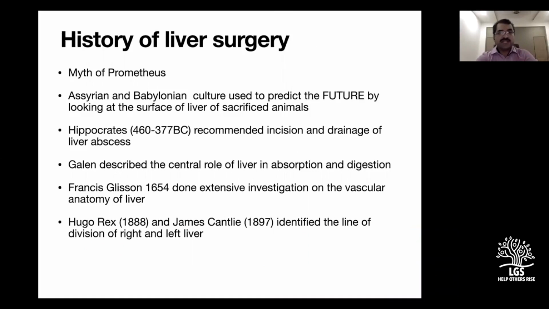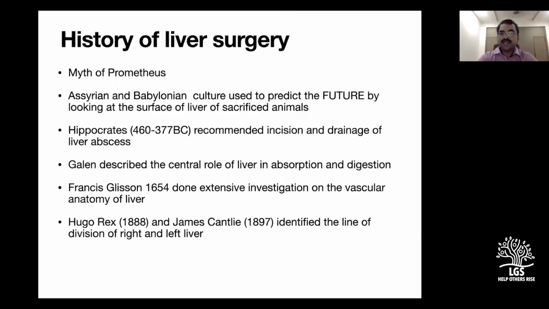The history of liver surgery goes back to the myth of Prometheus. The liver of a sacrificed animal was used, and they would look at the surface and predict the future, especially in Assyrian and Babylonian culture. Hippocrates was the first person to recommend incision and drainage of a liver abscess.